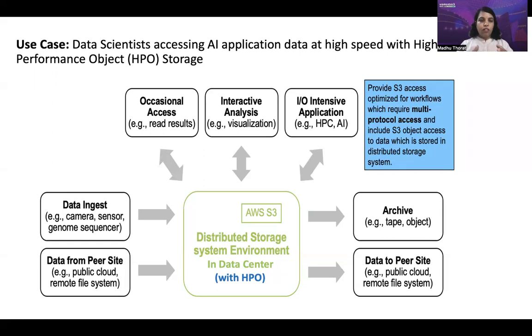So overall, this use case shows how the data flow happens from left to right. That is, the data gets ingested from applications or devices to the storage. Then it gets accessed by the data scientist. And once the job is done, the data is then moved to a backup system. Similar to this use case, we can have many other use cases wherein a high performance object storage solution can be used.